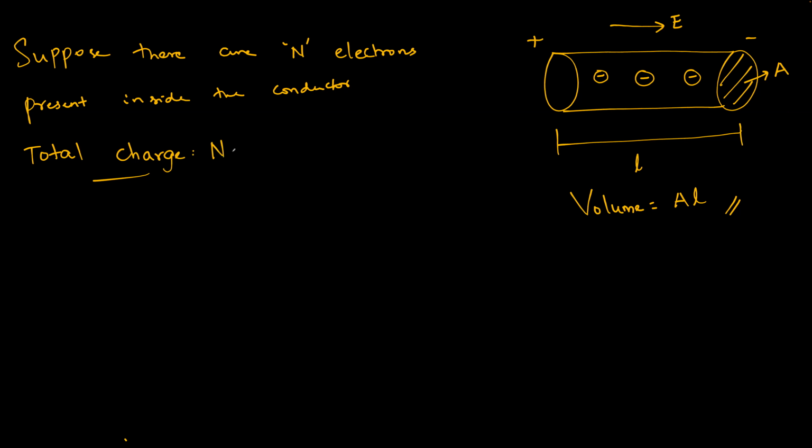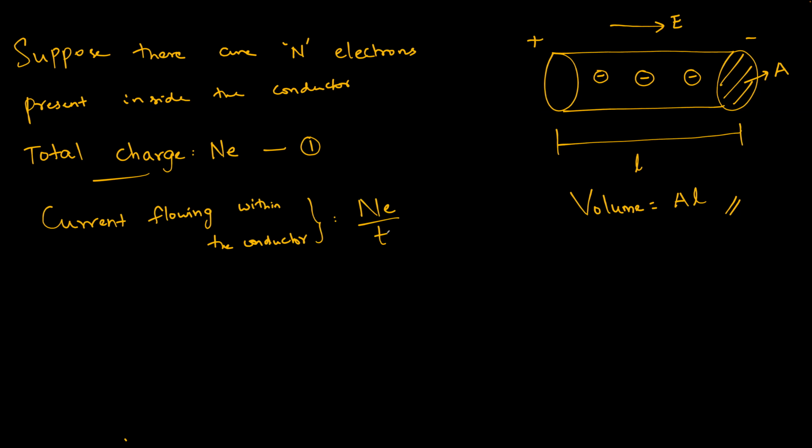That is going to be N into E. Let me call this 1. Now, what is going to be the current that is flowing within the conductor? It is going to be N into E divided by the time it takes. Why is it so? Because it is charge per unit time. So charge is N into E divided by time.